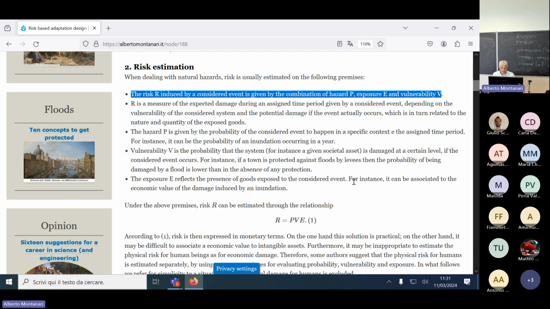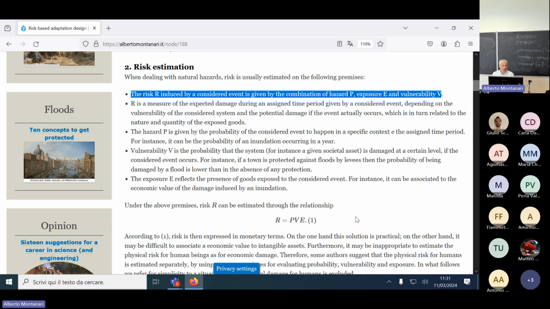The unit is the unit of the damage that you are estimating. So at the basis of risk estimation, there is an estimation of the damage. As we will see, damage gets into one of these three factors. So the unit of risk is the unit of the damage.